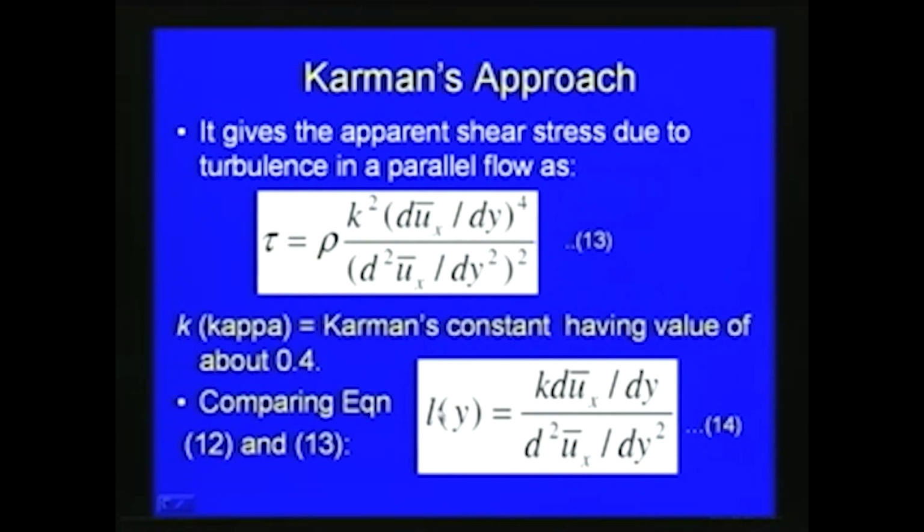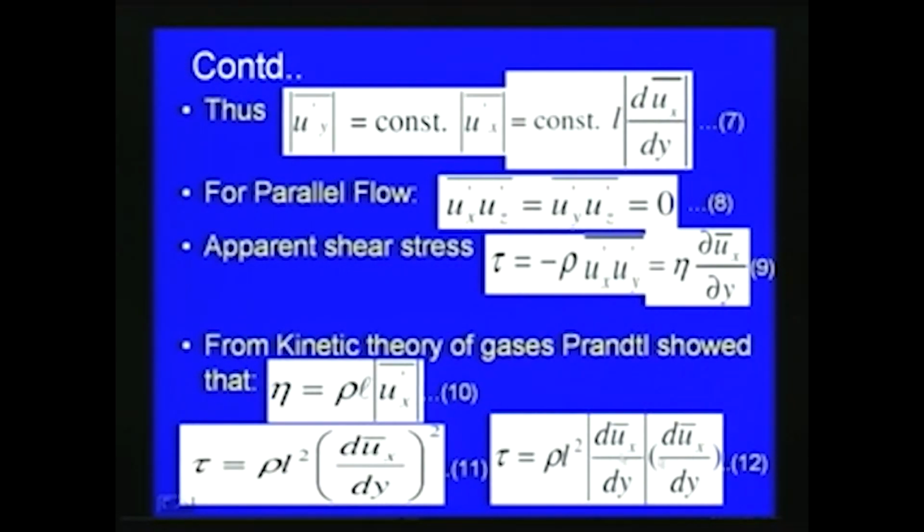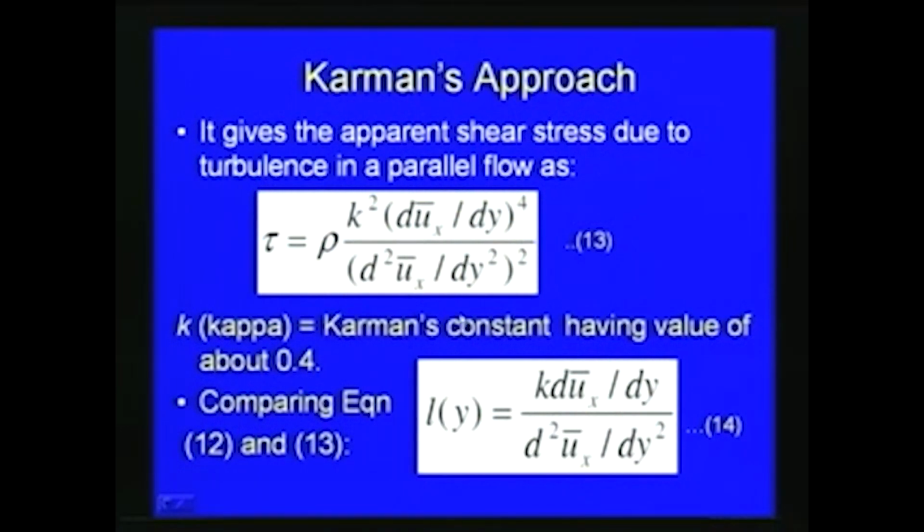Now, if you compare equation number 13 with equation number 12, which is derived by Prandtl, equation 12 is the one derived by Prandtl, and equation 13 is the one derived by von Karman through experiments and observations.